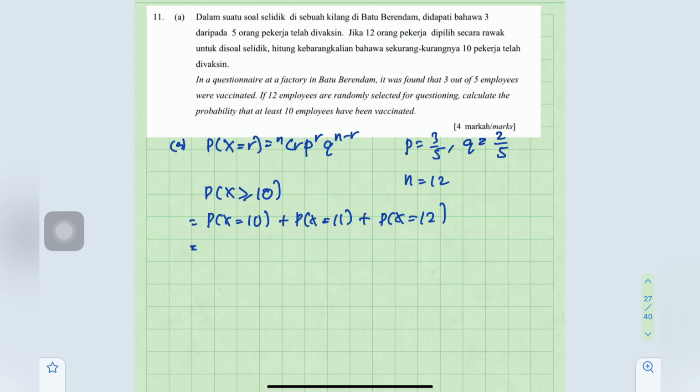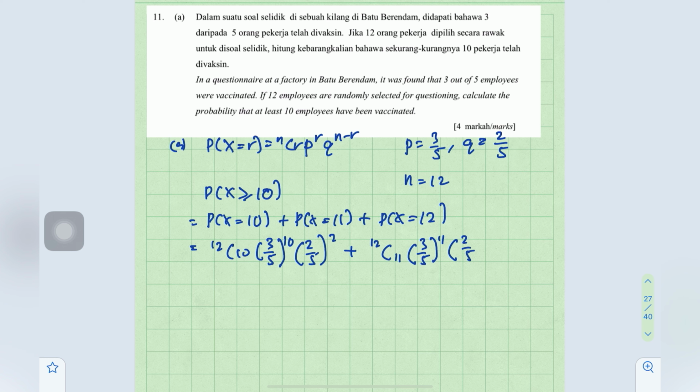Okay, when X equals to 10, so 12C10, 3 over 5 power of 10, 2 over 5 power of 12 minus 10, 2. When X equals to 11, 12C11, 3 over 5 power of 11, 2 over 5 power of 1.